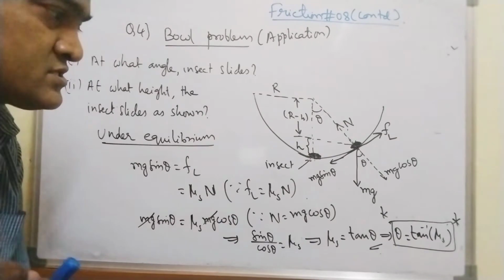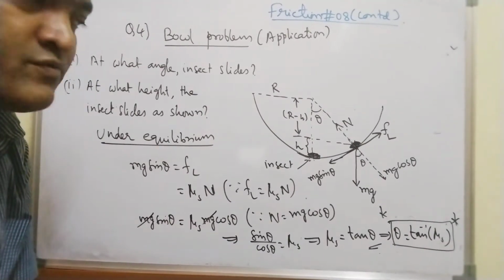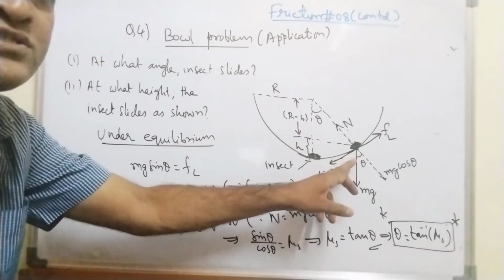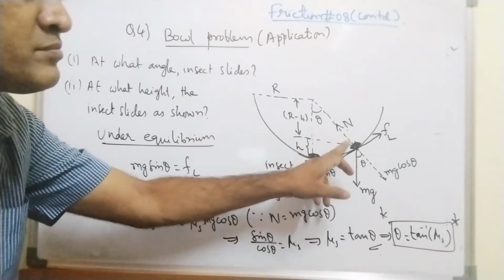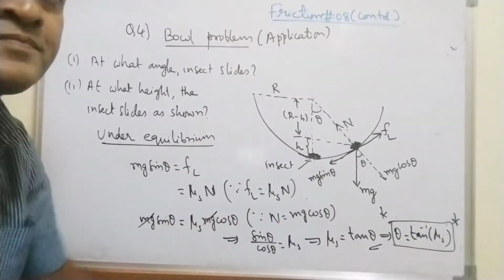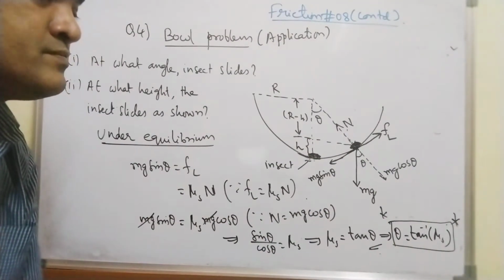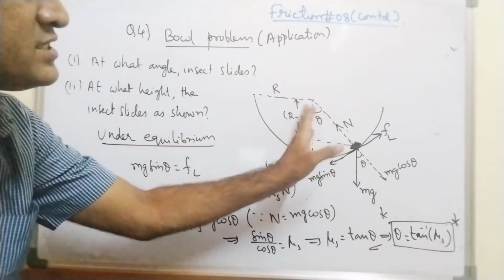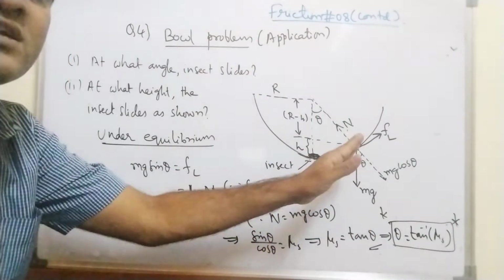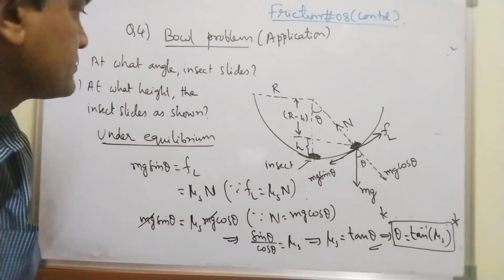So what is the answer? In the numerical, if you are given the coefficient of friction between the insect and the bowl as some value, then he'll ask what is the angle at which the insect is about to slide down.